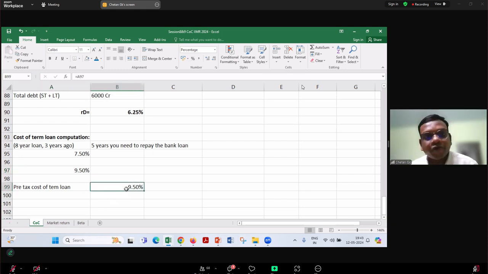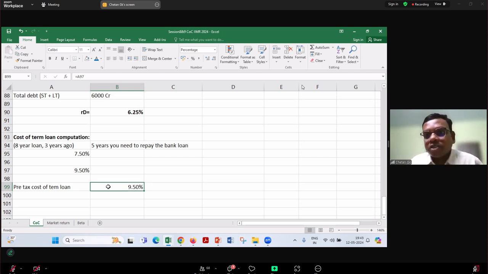So 9.5% is a new quote which we received from the State Bank of India for the next 5 years. And the duration of this loan is also 5 years because 3 years already elapsed. That is the reason I have taken the quotation from the bank. In the last 3 years, interest rates must have gone up or down, and the market credibility of your company must have gone up or down.